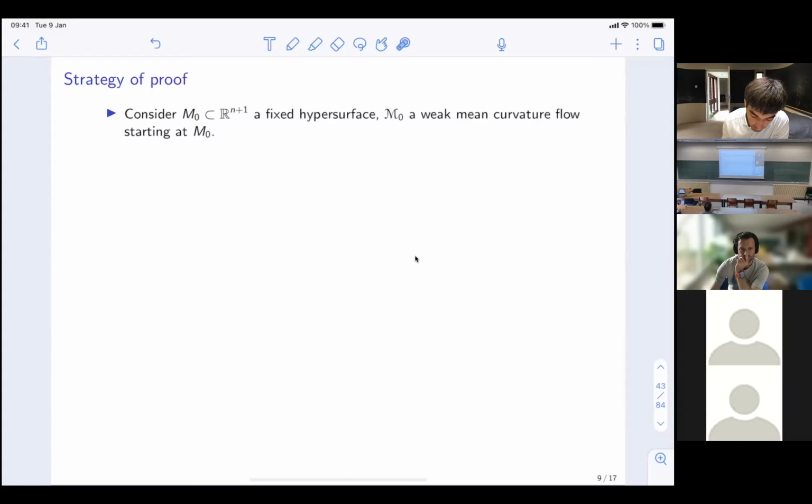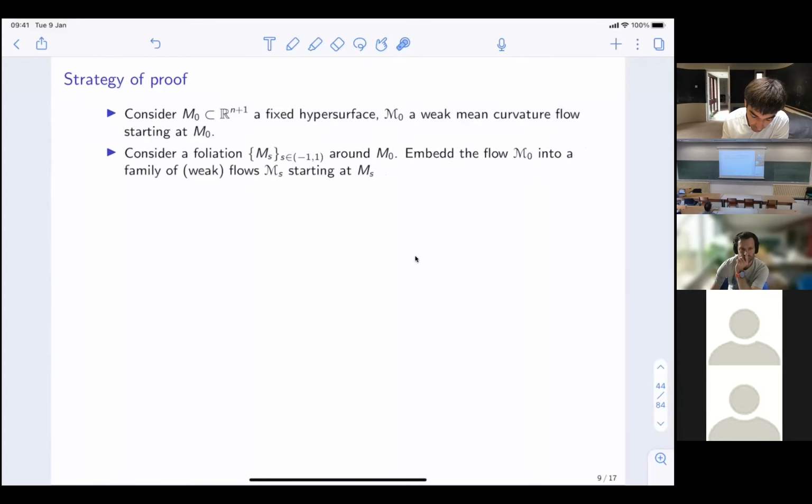So we have this weak mean curvature flow starting at M0. Now what we do is embed M0 into a foliation. We just take equidistant surfaces, a small tubular neighborhood which we foliate by equidistant surfaces. We parameterize these equidistant surfaces by a parameter S. Now we can let all these surfaces MS flow by mean curvature flow, and so we get these weak flows MS starting at this initial data.